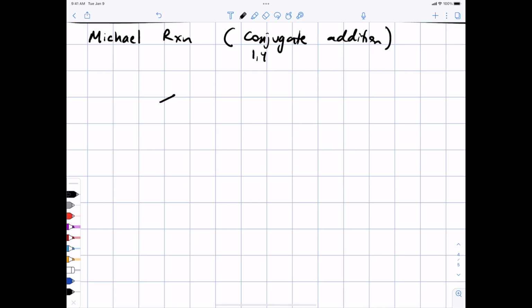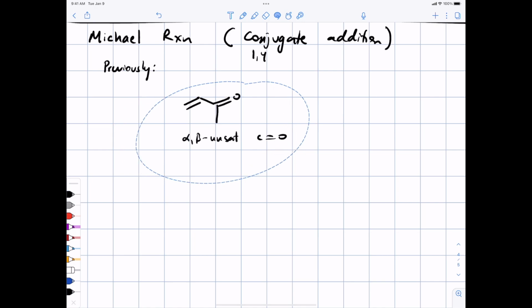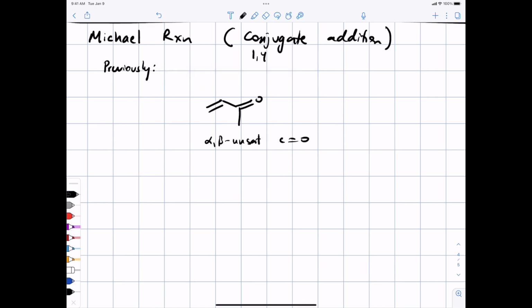The first time was with cuprates. We had an alpha beta unsaturated carbonyl compound, and then we had some cuprate. Let's maybe say diphenyl cuprate.